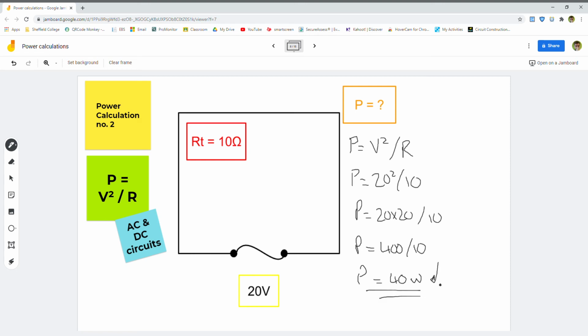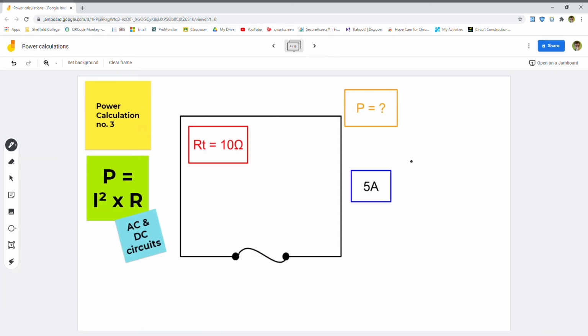Okay, so that's that calculation. So P equals V squared over R. And for our third and final calculation, it's P equals I squared times R. And again, this one works with AC and DC circuits. So we'll write out our calculation. P equals I squared times R. And I always think it's a good idea to write out your calculations in full.